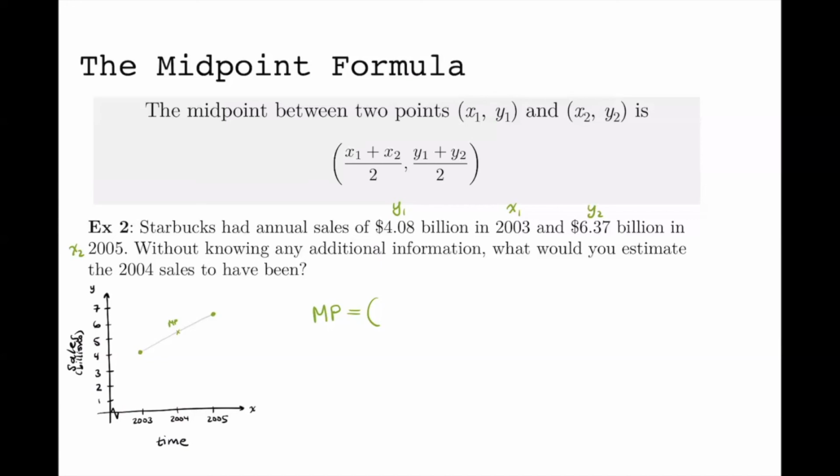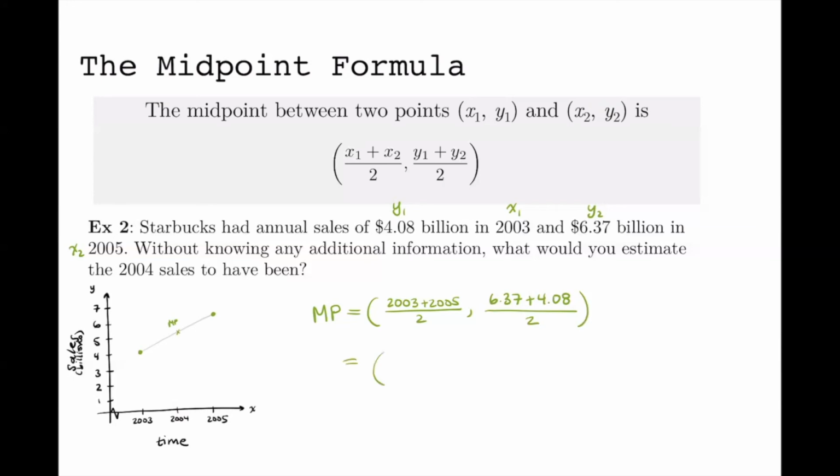So the midpoint for our x's should be 2004, but let's see using the formula: we add those together and divide by 2. Then we will average the y values. So we'll add 6.37 and 4.08. It doesn't matter the order, since we're adding, any order is okay. We'll divide that by 2.